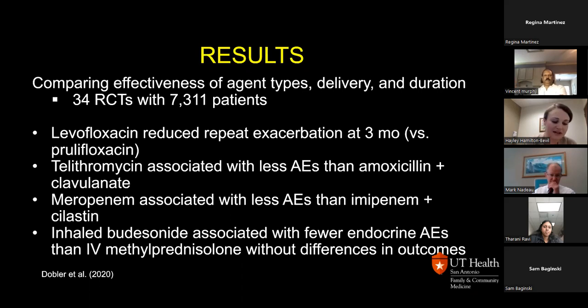They also found that inhaled budesonide was associated with fewer endocrine side effects and adverse events than the IV methylprednisolone, but they didn't note any differences in outcomes. So that's pretty significant as well. And that was in hospitalized patients with moderate to severe exacerbations. Okay.